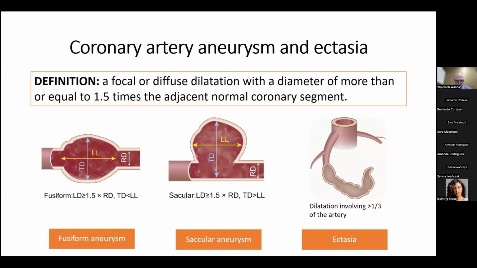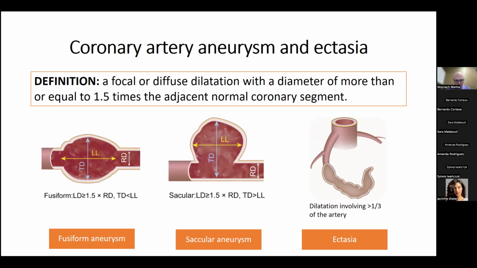The coronary artery aneurysm is defined as a focal or diffuse dilatation of the artery with the diameter of more than or equal to 1.5 times the adjacent normal coronary segment.